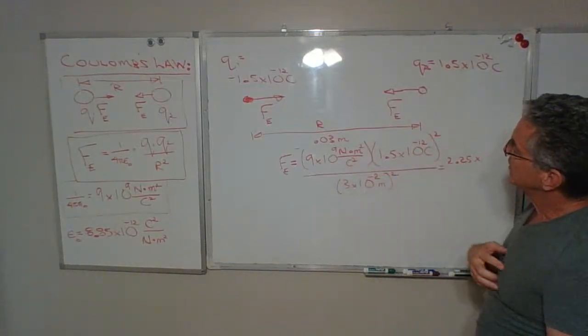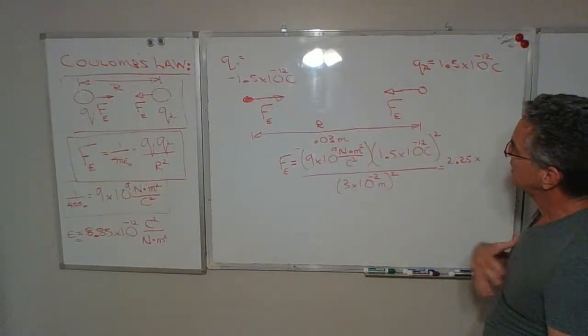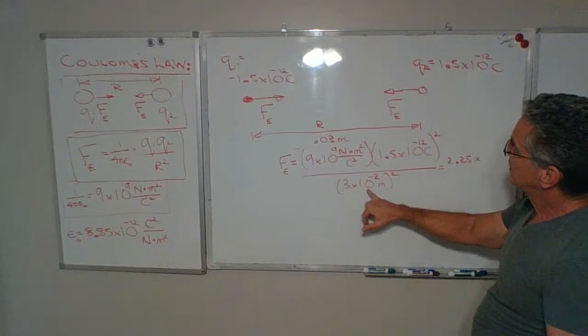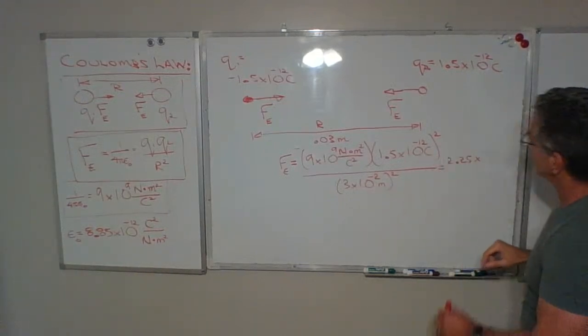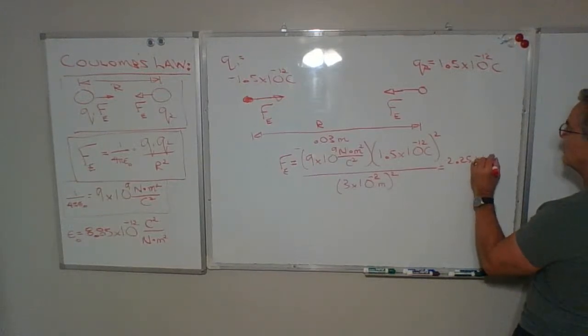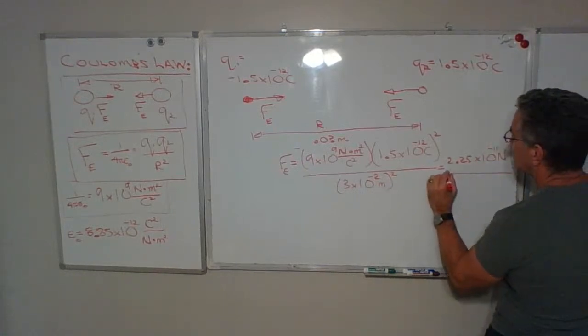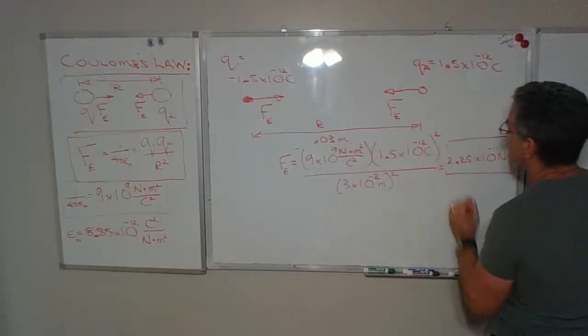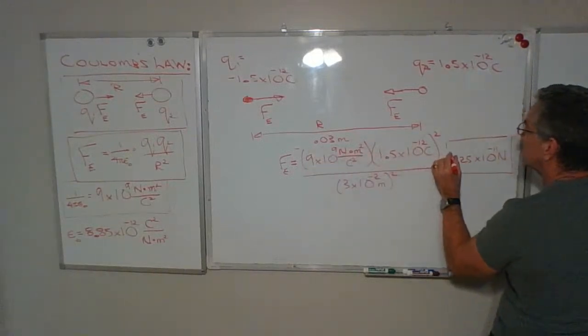Times 10 to the 9th is 10 to the minus 15th. Then 10 to the negative 4th on the bottom becomes 10 to the positive 4th on the top, so it becomes 10 to the minus 11 newtons. So this is a tiny force exerted between those two charges, and notice we've got this negative sign.